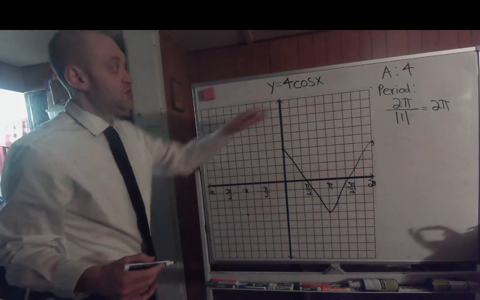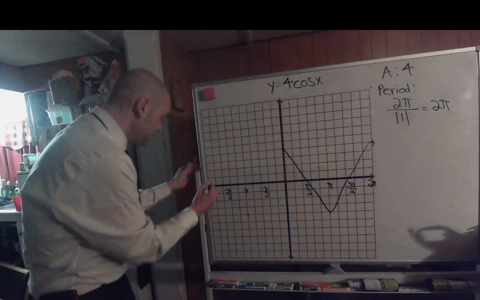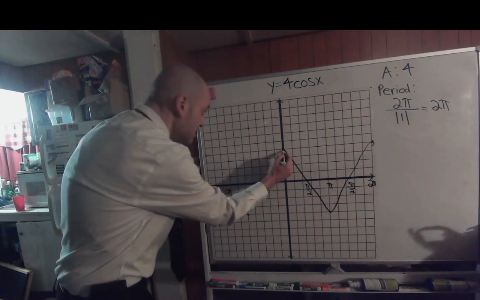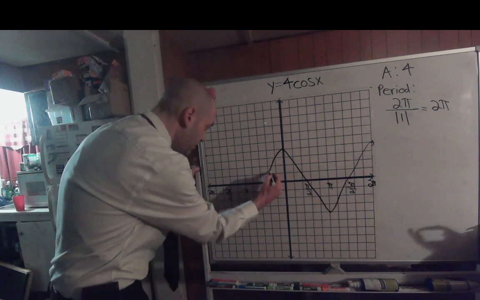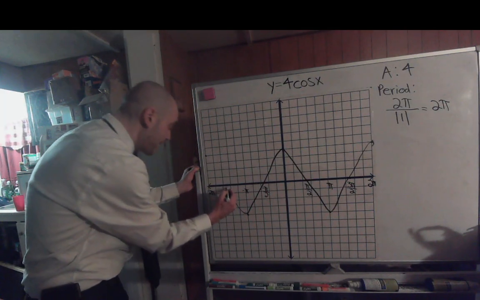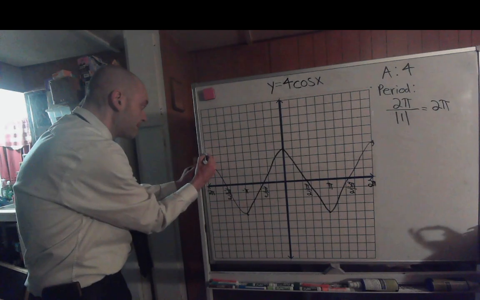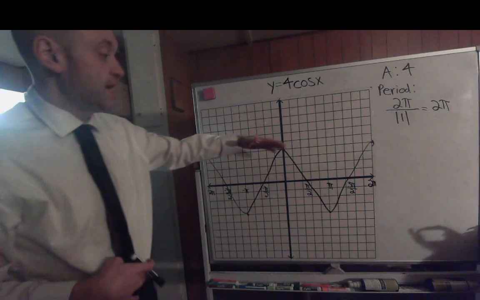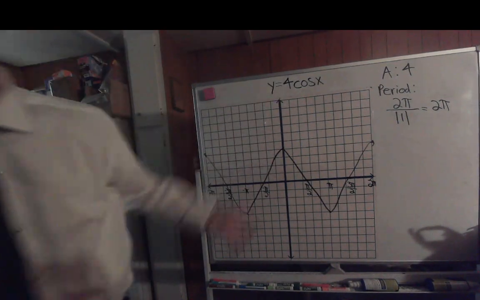Cosine of negative 2 pi is positive 1 times 4, which is 4. So let's draw the curve now going this way. Look at how vertically stretched that is with that amplitude of 4.